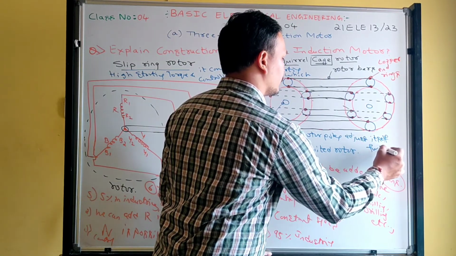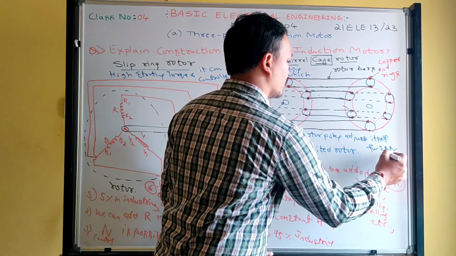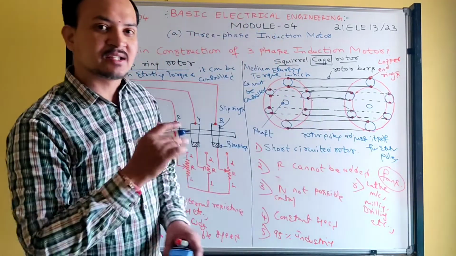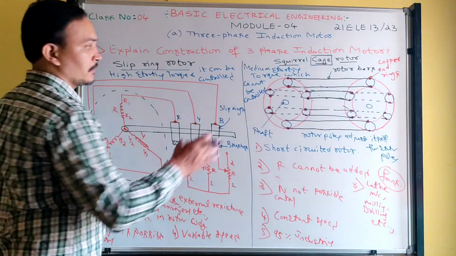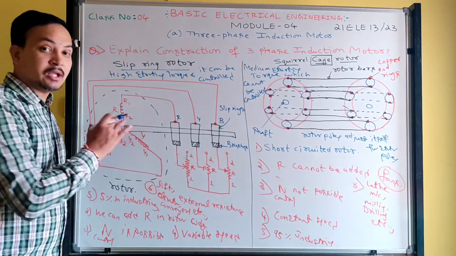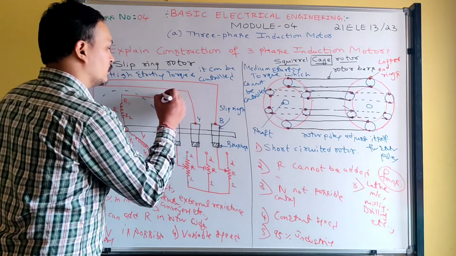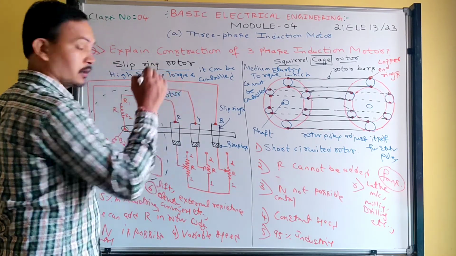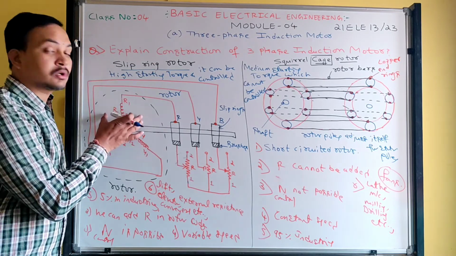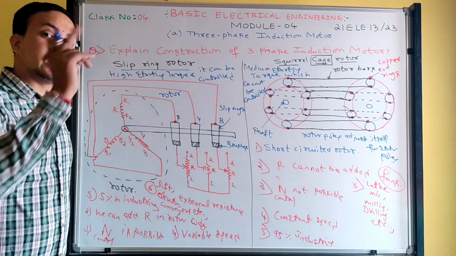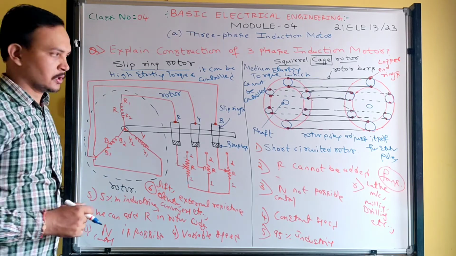But in the slip ring rotor, we have to design the rotor in such a way that the rotor poles are equal to the stator poles.